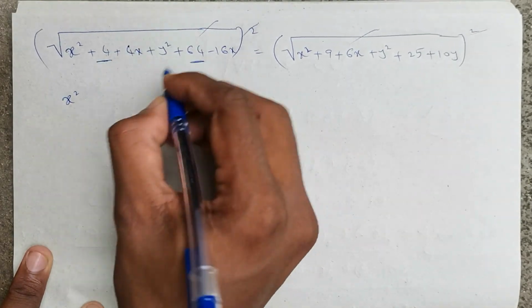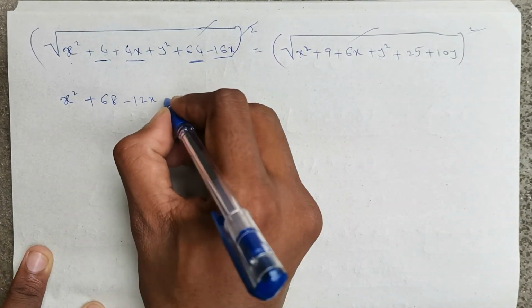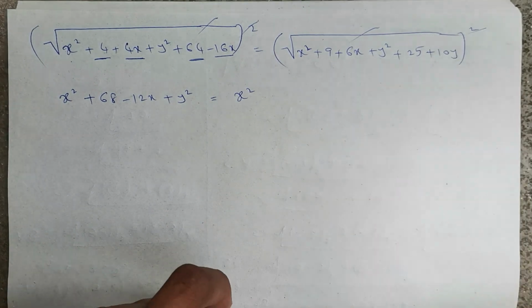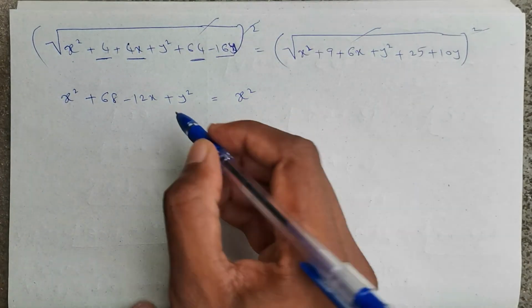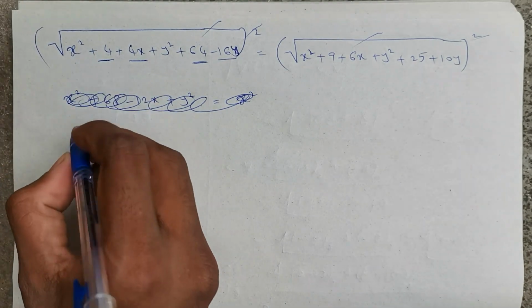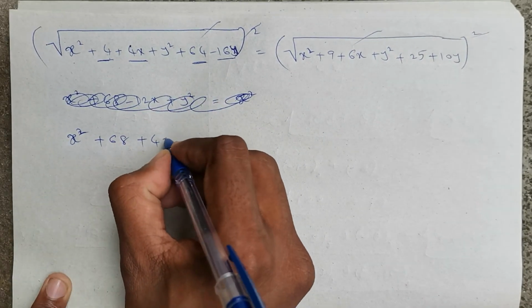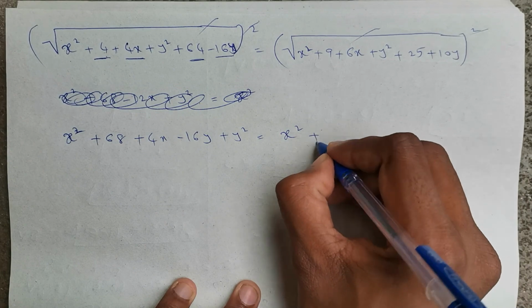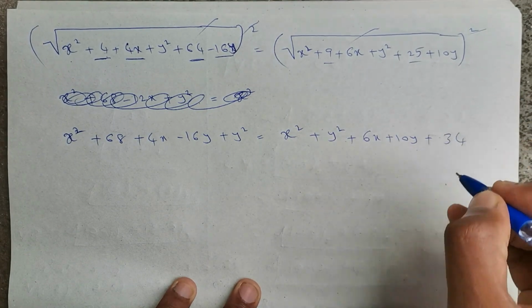4 plus 64 is 68, plus 4x minus 16y, plus y square, is equal to x square plus y square plus 6x plus 10y plus 9 plus 25, 34.